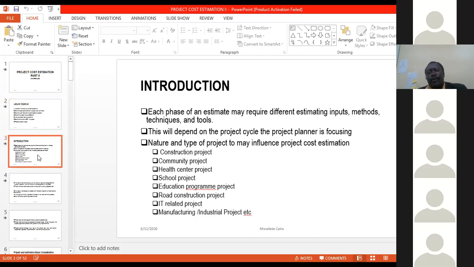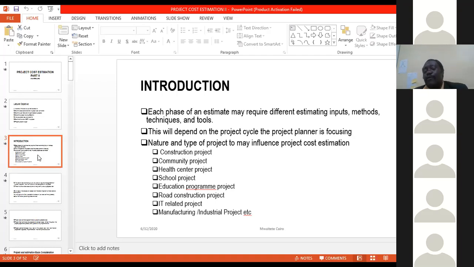So what type of projects you have in mind? Each phase of an estimate may require different estimation inputs and methods, techniques and tools. There are different tools that are being applied when it comes to projects. And as I said, it will depend on the project cycle, the planner that you are focusing. The nature and the type of projects may influence the project cost estimation.